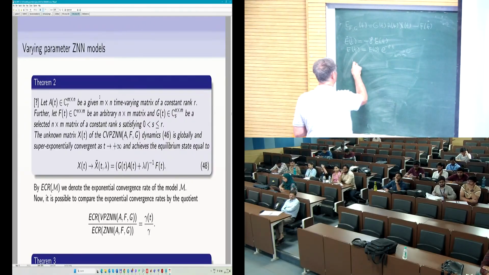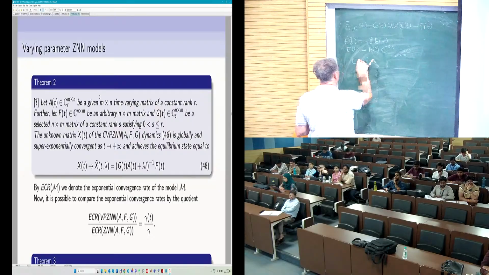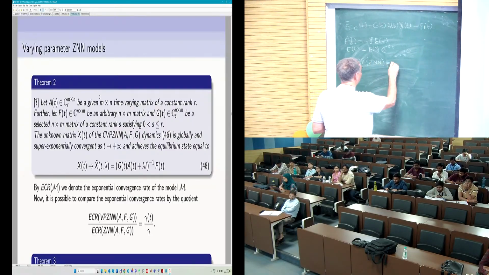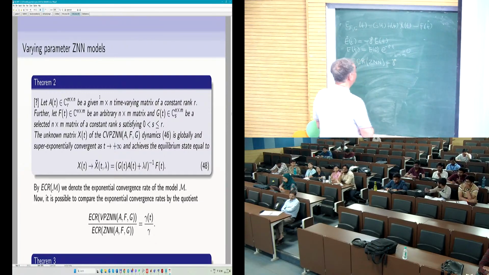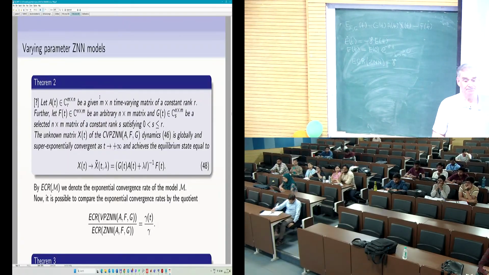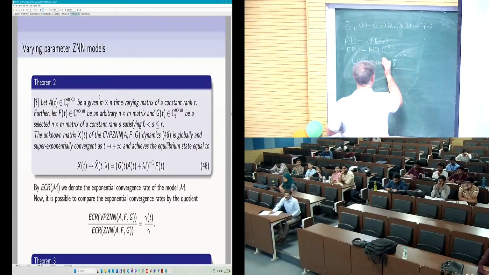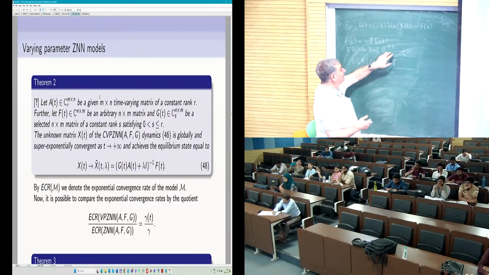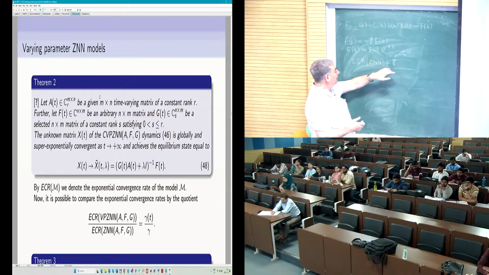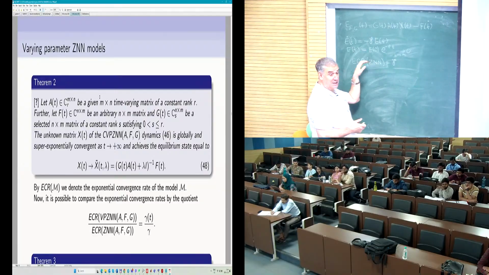We will say that the convergence rate of ZNN is equal to gamma. Why? Because of this term, e power minus gamma t. Gamma is this exponential factor which defines exponential convergence rate.